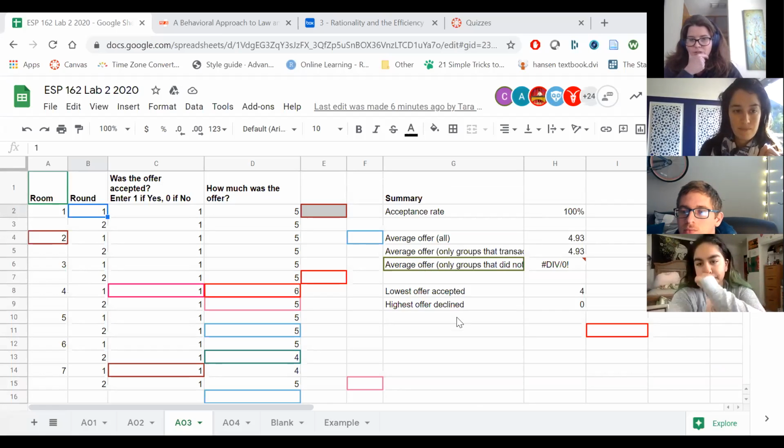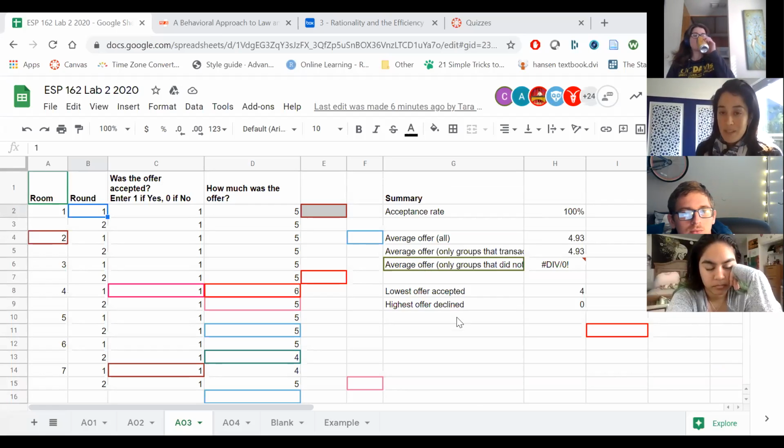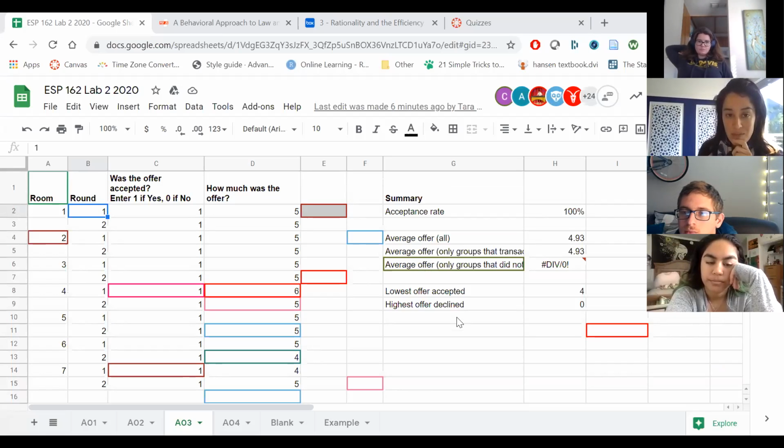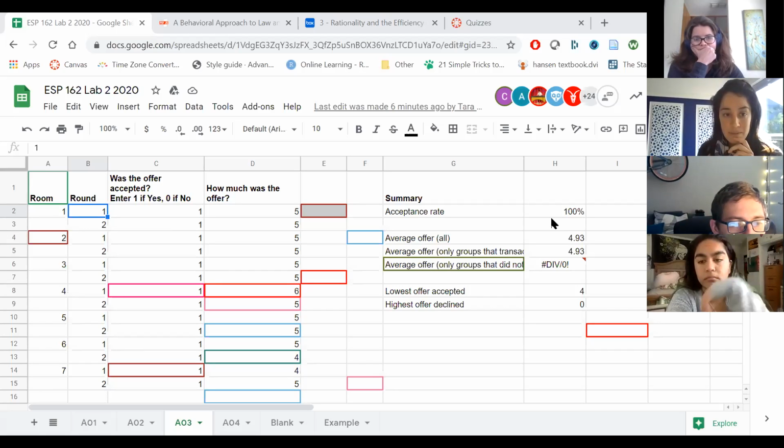Tara, do you want to walk us through the results? Sure. Folks can see on this Google Sheet the summary of what happened. Everyone had their offer accepted, so there's a 100% acceptance rate. All of the offers were in the 5-point range.